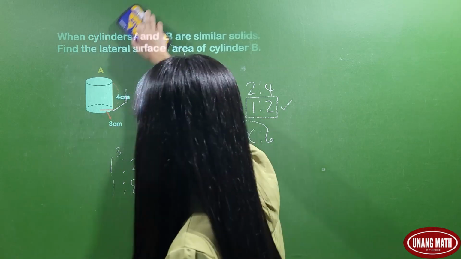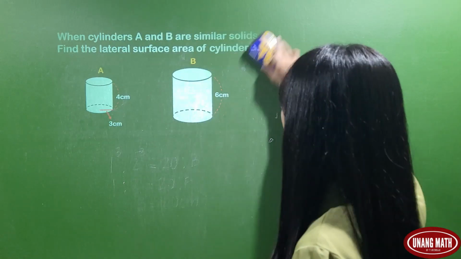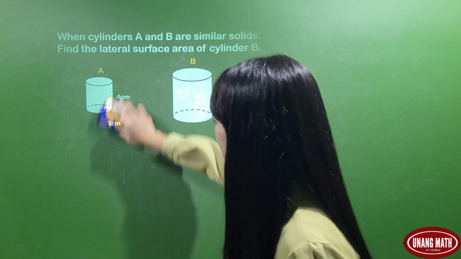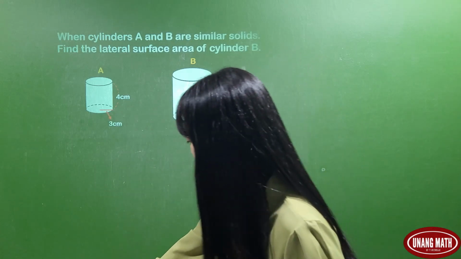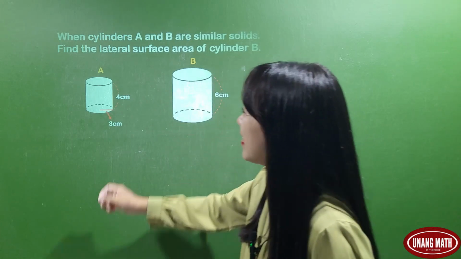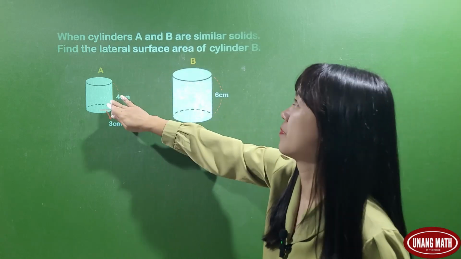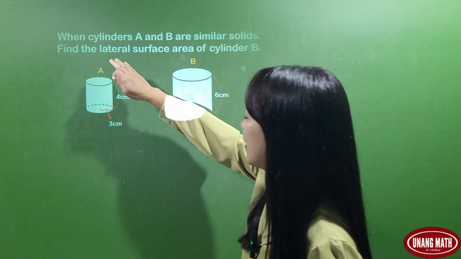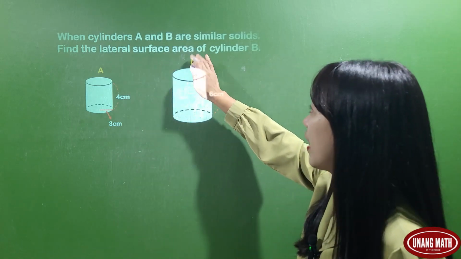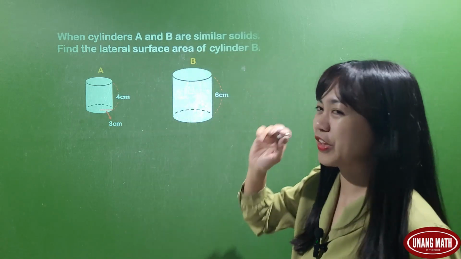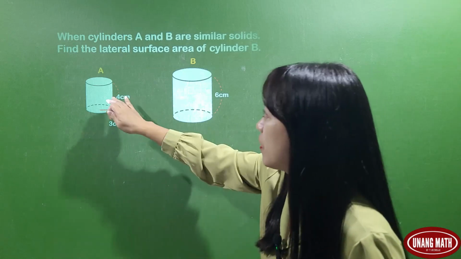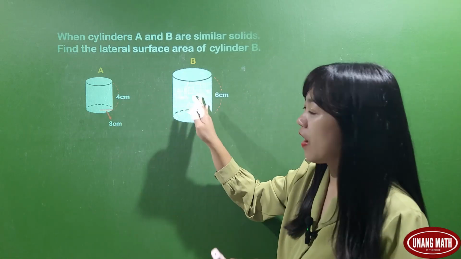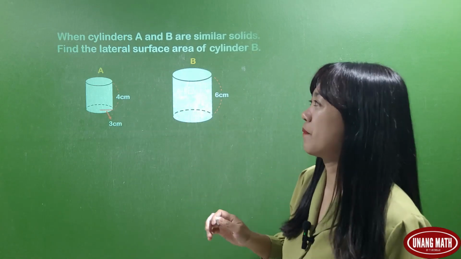Okay, now let's answer the following questions. The first question is, when cylinders A and B are similar solids, find the lateral surface area of cylinder B. So these two cylinders are similar solids.